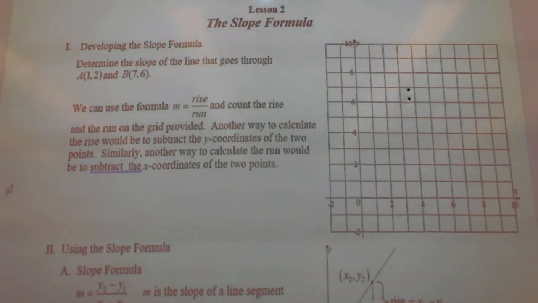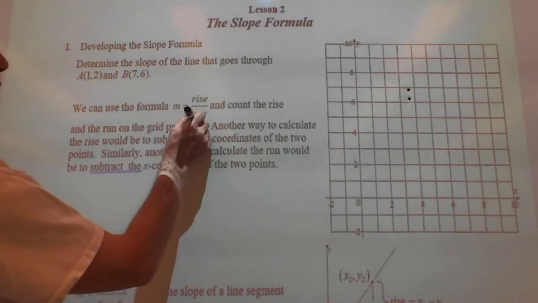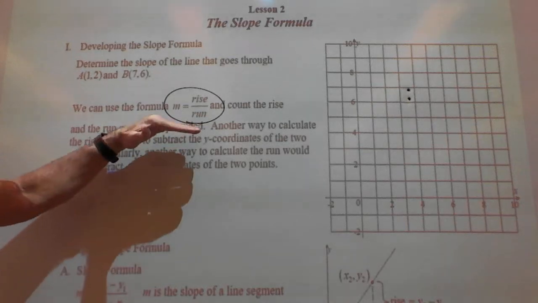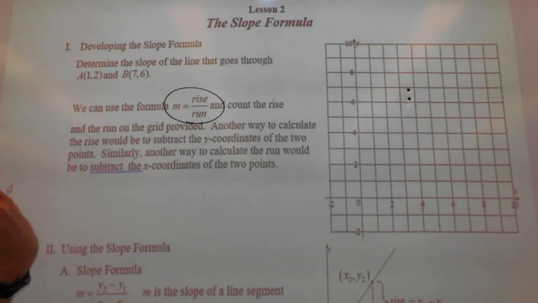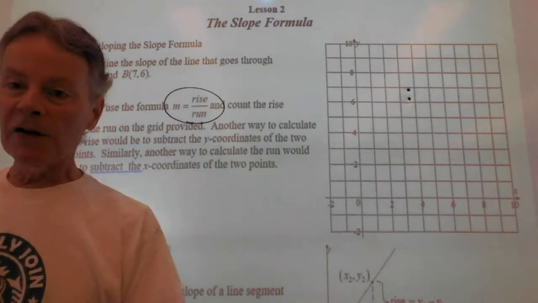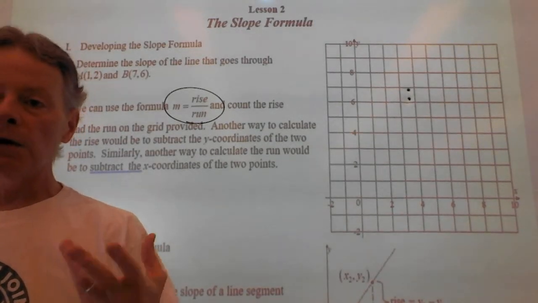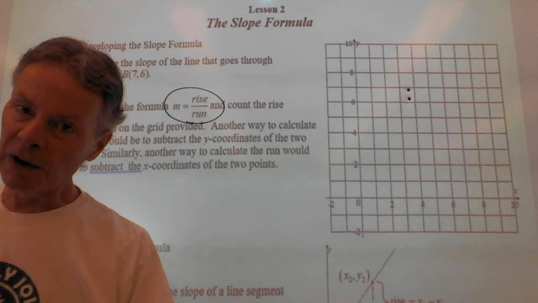The slope formula is simply a mathematical way of talking about something that we talked about in chapter 6, and this idea that slope is simply a measure of the steepness of a line. So the bigger the number for slope, the steeper the line.